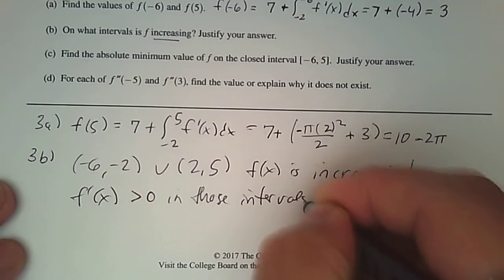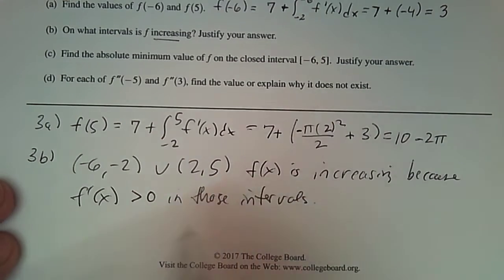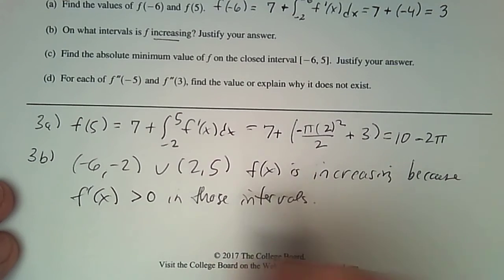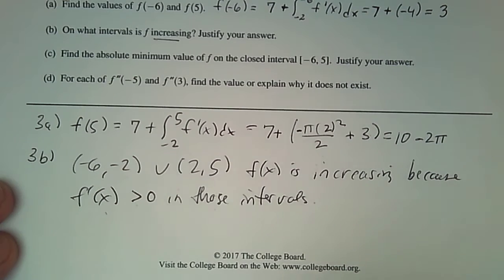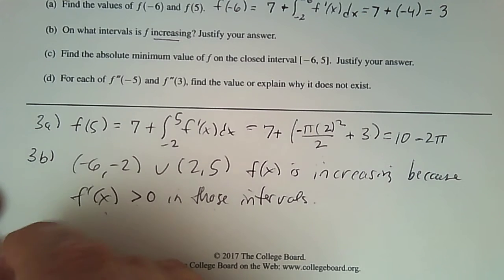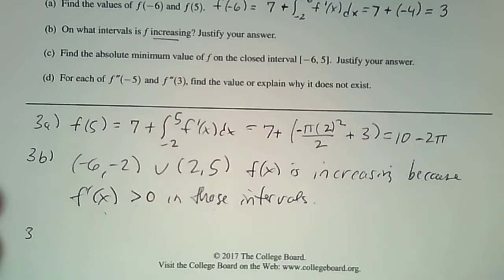So why did you pick that answer, -6 to -2 or 2 to 5? It's because the derivative is greater than 0 in those intervals. Done.